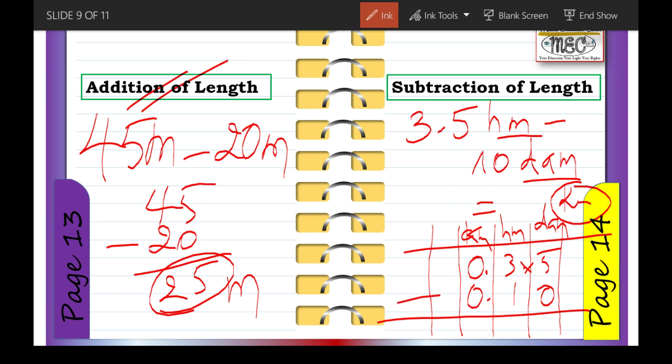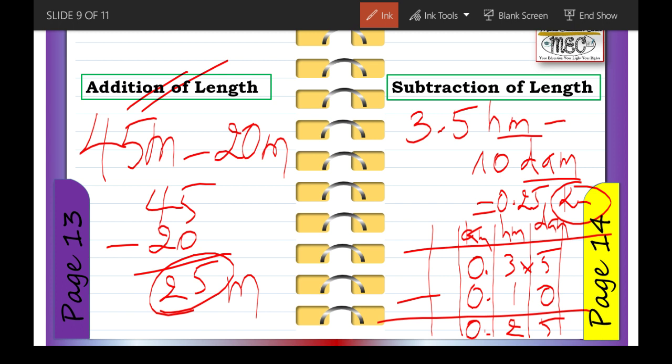Then we subtract. 5 minus 0 is 5, 3 minus 1 is 2, and 0 minus 0 is 0, but don't forget your decimal point. So 3.5 hectometers minus 10 decameters is equal to 0.25 kilometers.